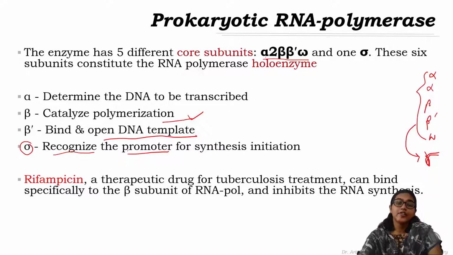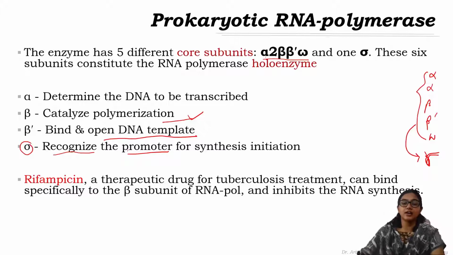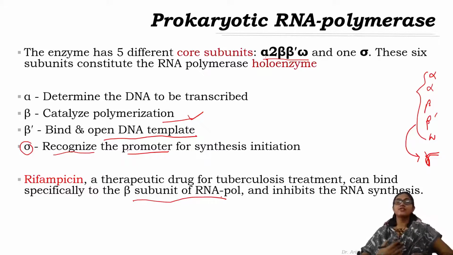Now, rifampicin is one such drug which inhibits prokaryotic transcription. It inhibits prokaryotic RNA synthesis. How? Rifampicin binds with the beta subunit of the RNA polymerase. So if it binds with the beta subunit, the main polymerizing function of RNA polymerase is lost.